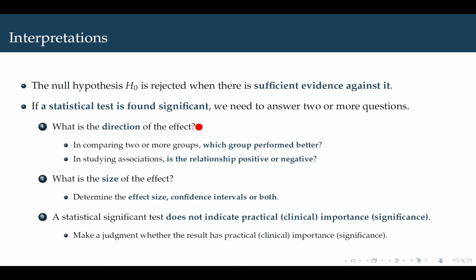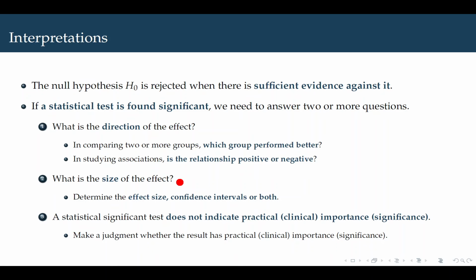In studying associations or correlations, we are interested in identifying whether the relationship is positive or negative. And second, once H naught is rejected, we are also interested in the size of the effect. Therefore, we are interested in determining the effect size, confidence intervals, or both.